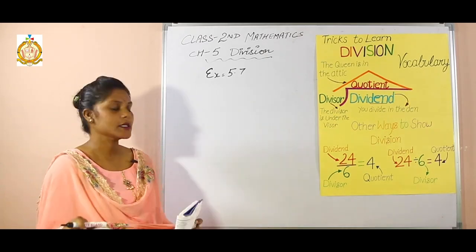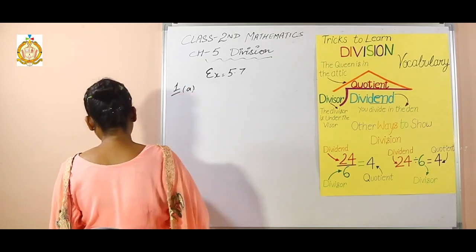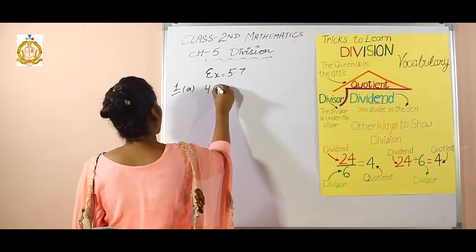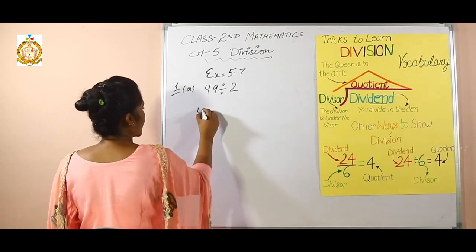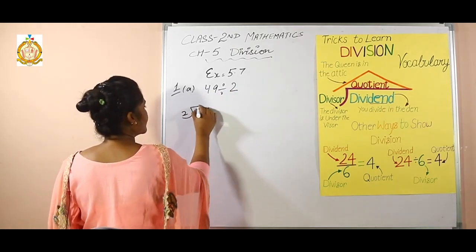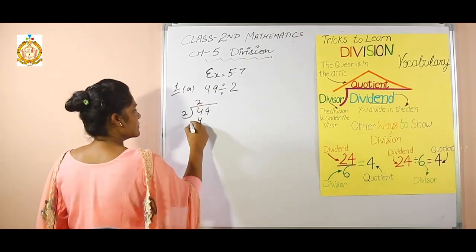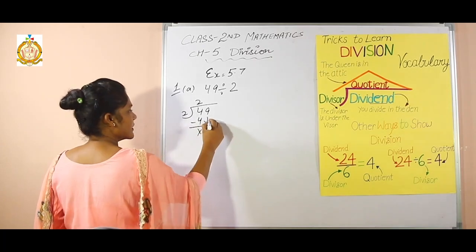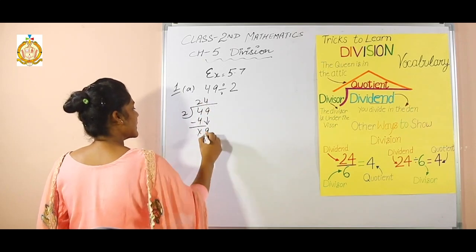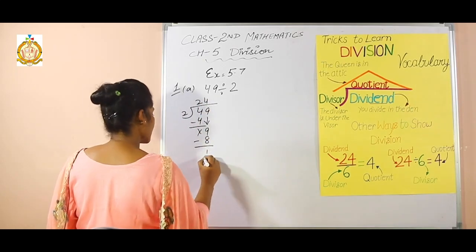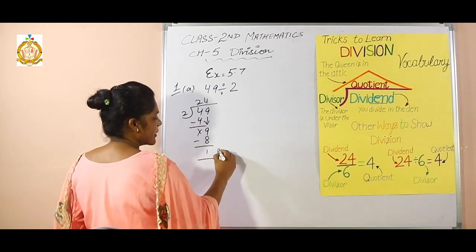So here is the first sum, part 1, sum number A: 49 divided by 2. 2 2s are 4. What comes down here is 9. 2 4s are 8. So this portion is called the remainder.